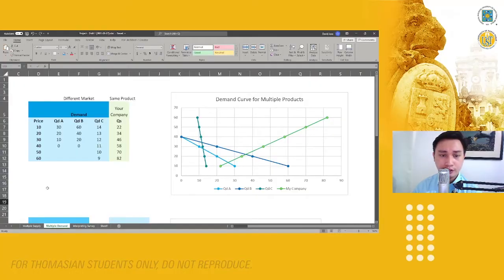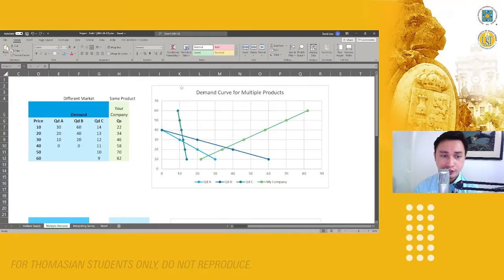I believe I have discussed in our previous videos that we are able to combine all of this demand, because it is just a different market but the product is the same. Products, probably candies. So your company, again, that is the supply curve, QS, quantity supplied, and that is for your company.